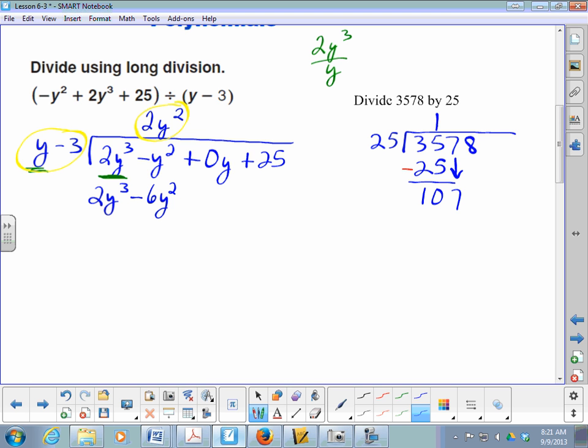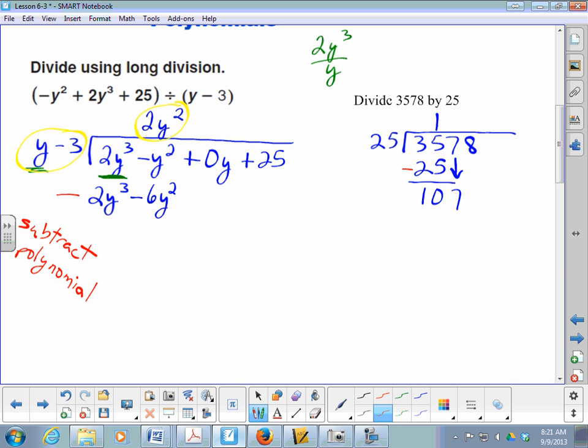So we multiplied 1 times 25. We got 25 here. And then what did I do? We subtracted. So we're going to do the same thing. We're going to subtract. Well, what happens when I subtract a polynomial? What am I supposed to do? We have to subtract the like terms. Okay, that's true. But what else happens? You have to change all the signs.